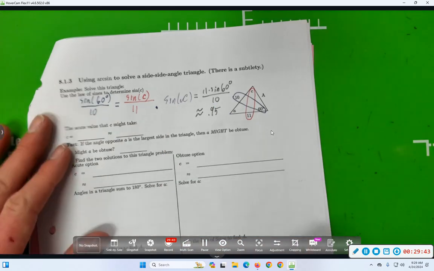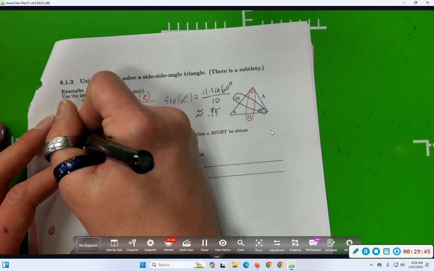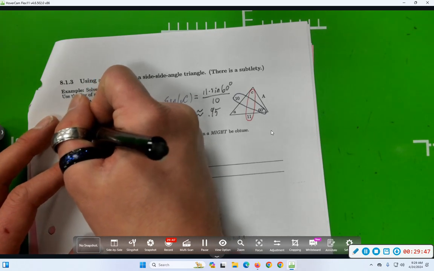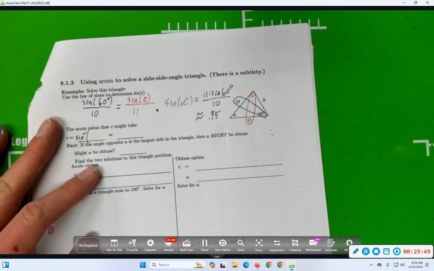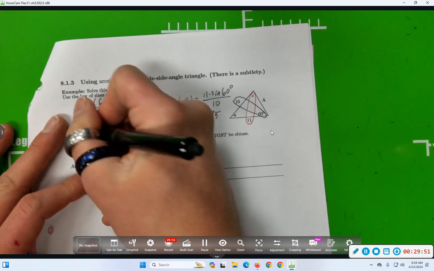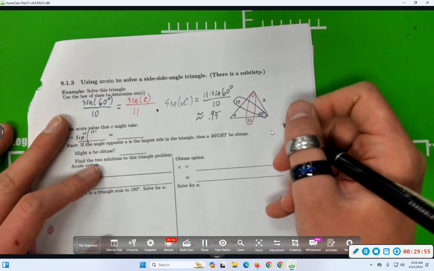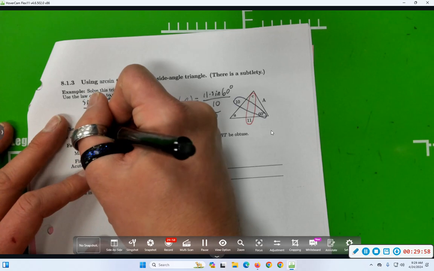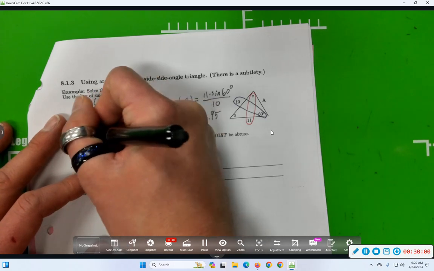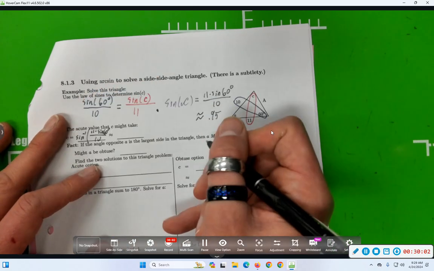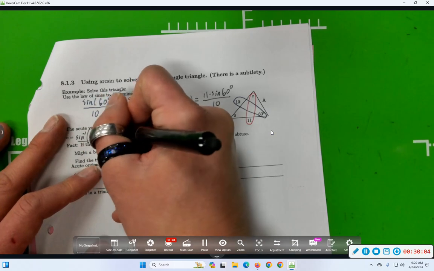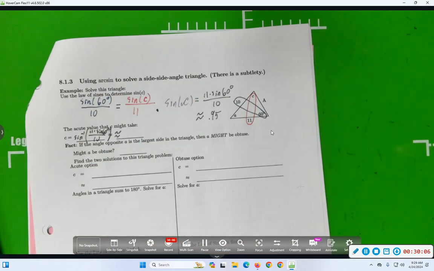So the acute value for c is arc sine, or sine inverse, of the right-hand side: 11 times sine 60 degrees all over 10. Feeling pretty good?